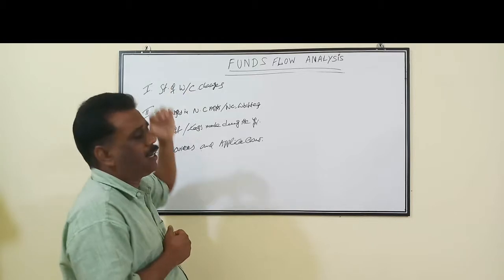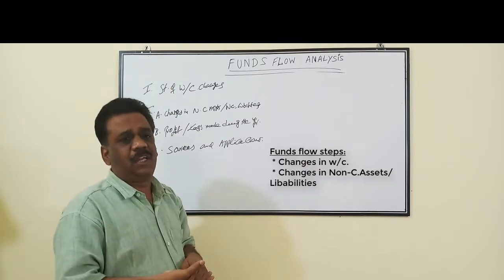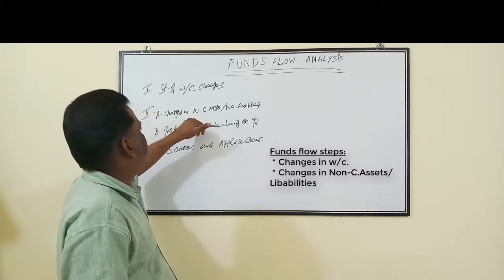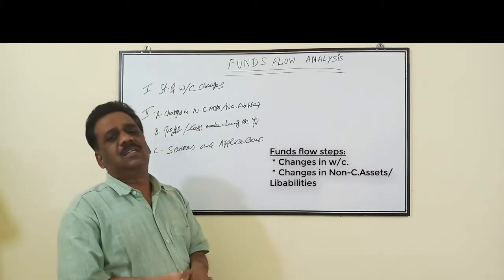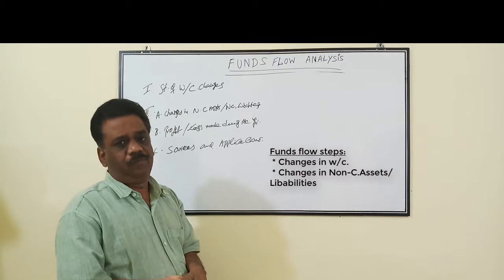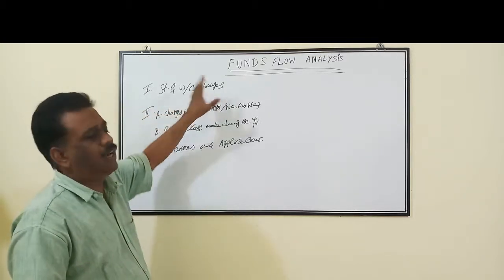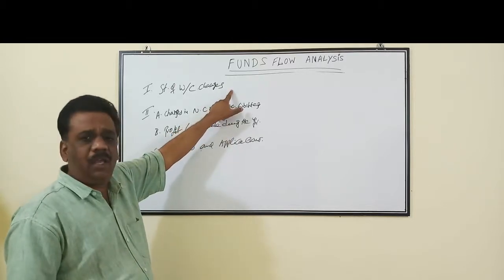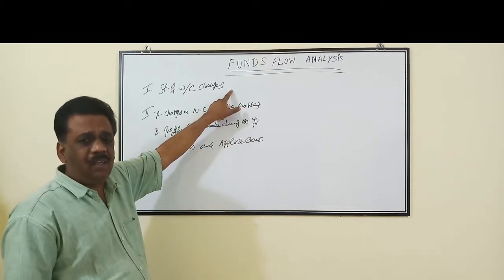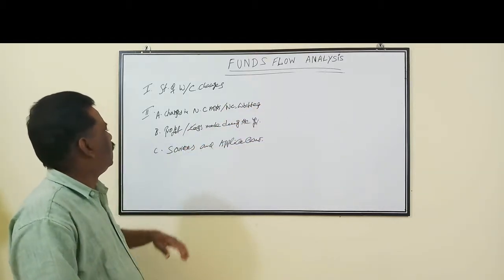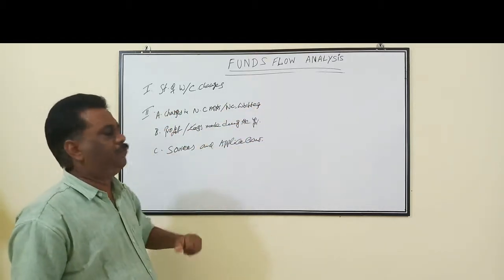One is statement of changes in working capital, or working capital changes. And the other part deals with non-current assets and liabilities. It is simply that the statement of changes in working capital is prepared by using the current assets and liabilities of the given data.